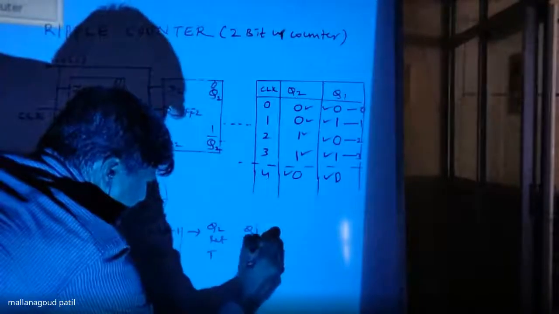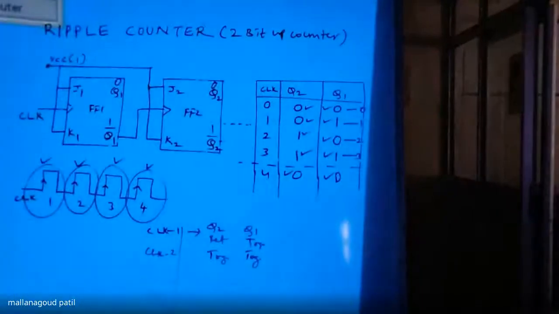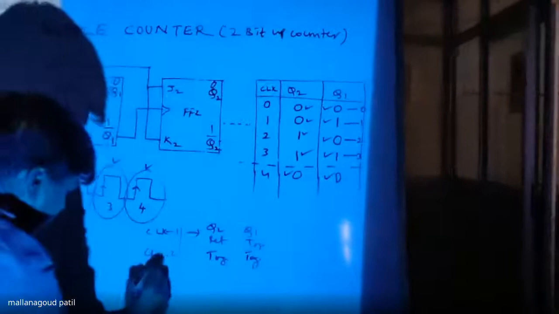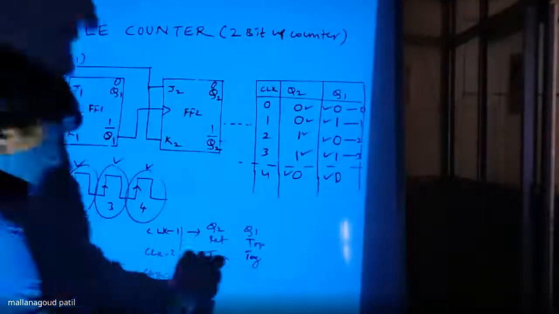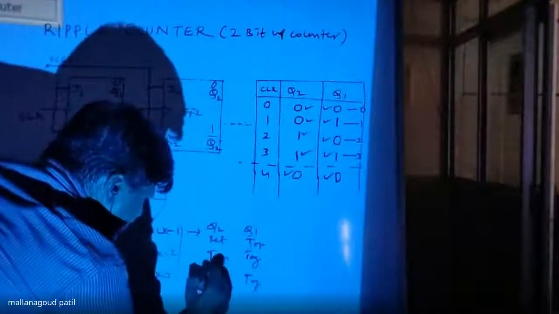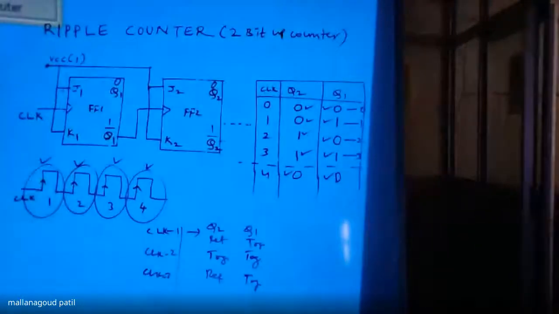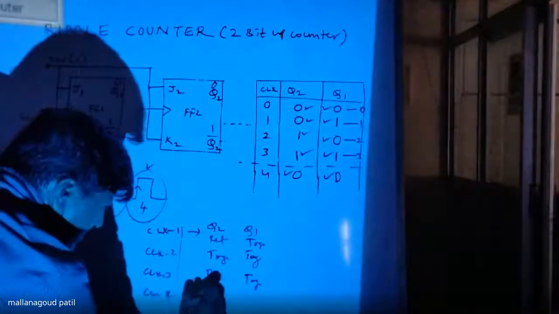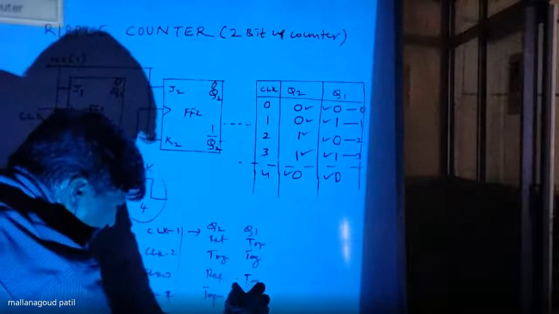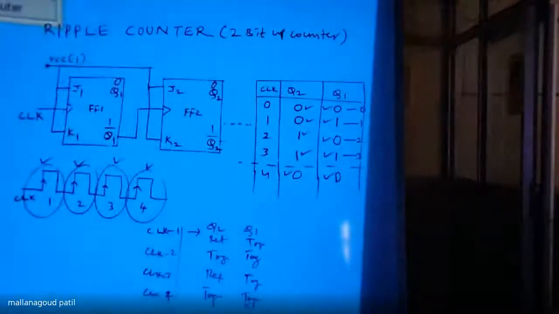TOG I can write. Both are toggles. Then what about clock 3? Clock 3. Q1 toggles, Q2 retains. And what about clock 4? Both are toggles.